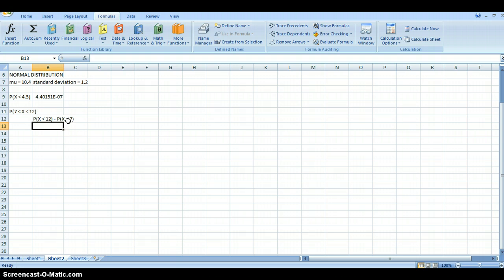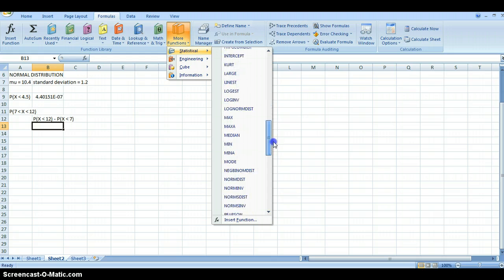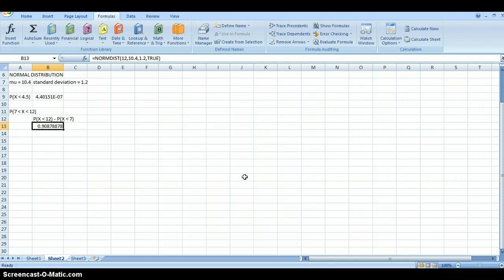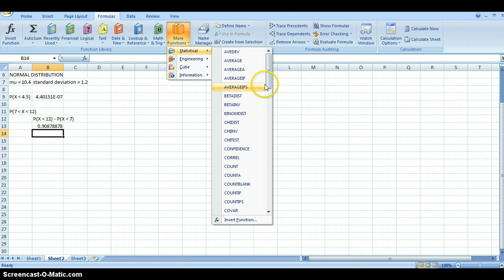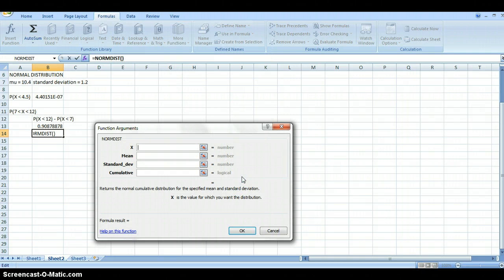So what we do is we're going to do the normal distribution. So I'm going to find the probability, the area under the curve up to 12. That's what I'm finding right now. And again, this is going to be true because I want the area up to 12. Okay? And then we're going to find the area up to 7. And because when we go up to 7, it doesn't include the 7, that's why we can do it here.